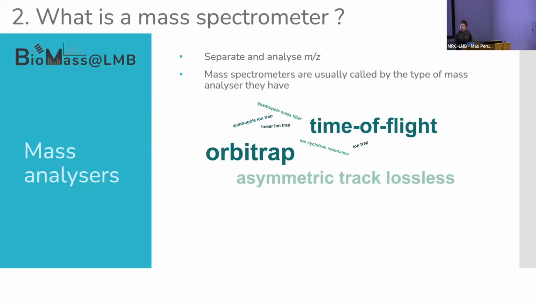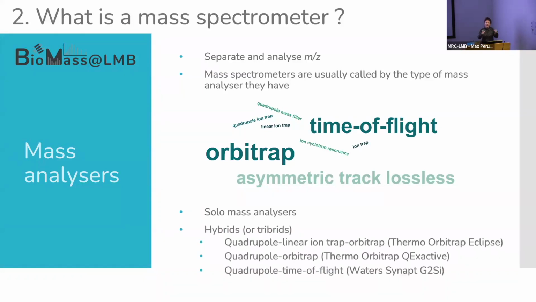Currently downstairs, we have both Orbitraps and 2 time-of-flights, and hopefully one day we'll have an Asymmetric Track Lossless analyzer, which is one of the latest generation of mass specs. Mass specs can have solo analyzers, just one analyzer, or they can be hybrids or tribrids, in which they combine the different capabilities of different mass analyzers. For instance, they can have a quadrupole that looks like this, which is a very good mass filter.